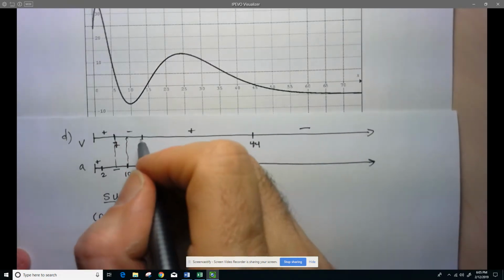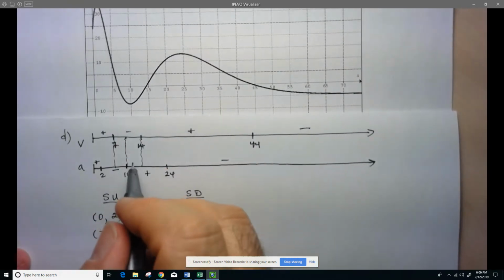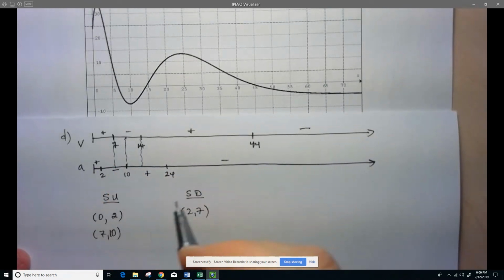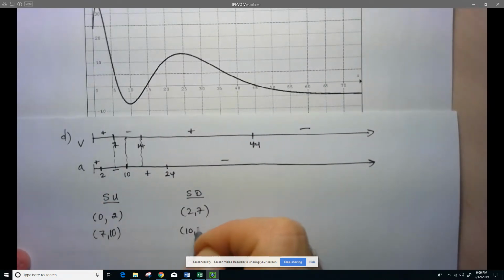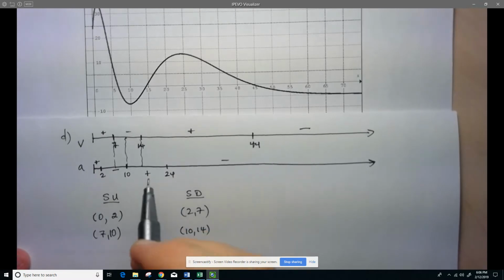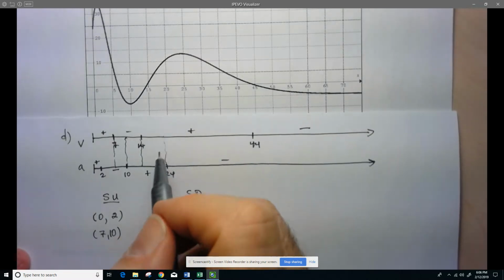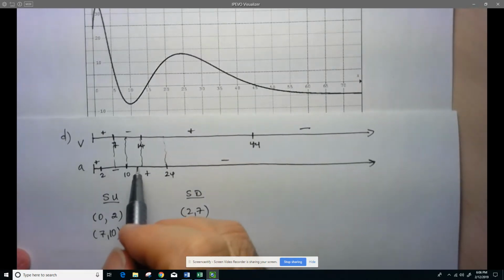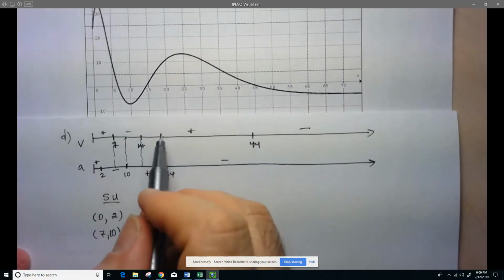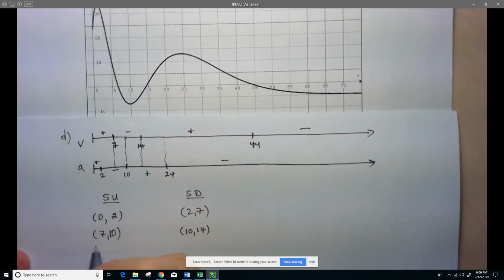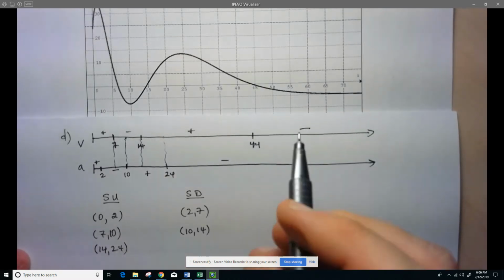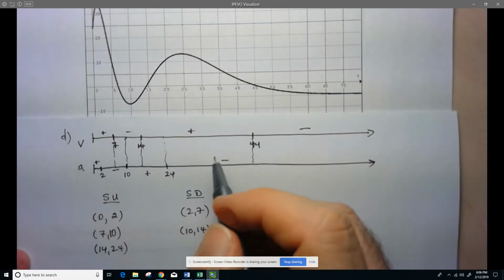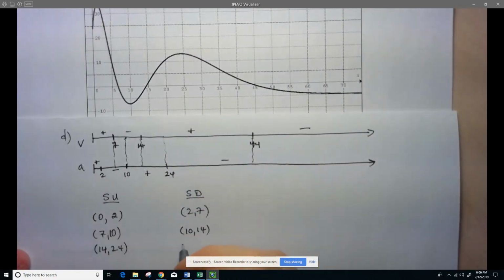Okay, here from 10 to 14, negative and positive, opposite signs, so slowing down. All right, and then from 14 to 24, we see positive and positive, so speeding up. All right, then from 24 to 44, opposite signs, so slowing down.